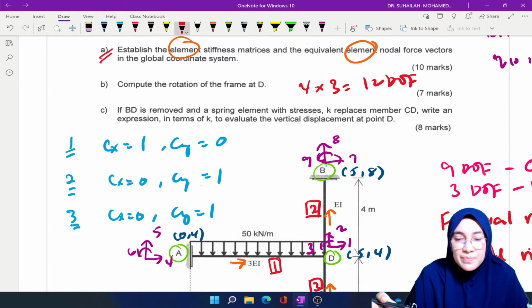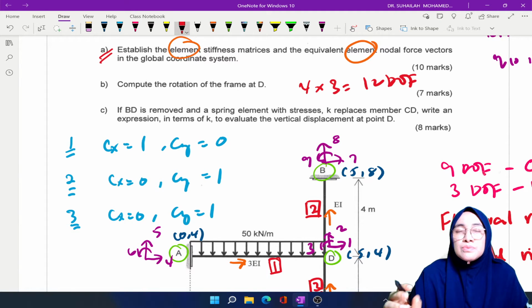But in the question, there's no statement mentioning establishing the structure stiffness matrix. It is just to establish element stiffness matrices.